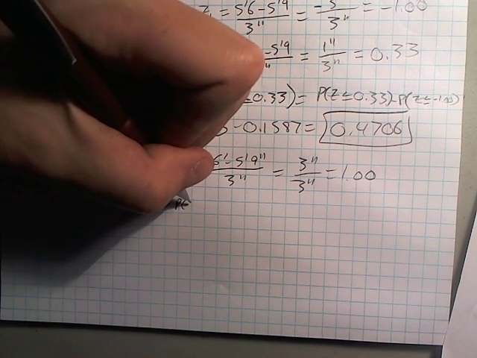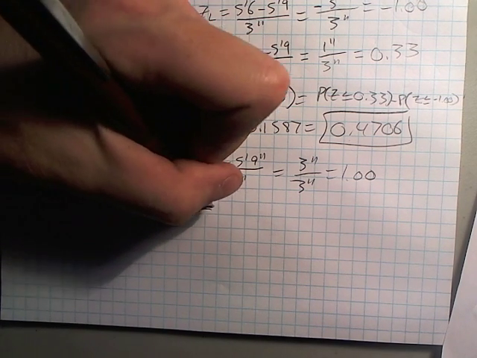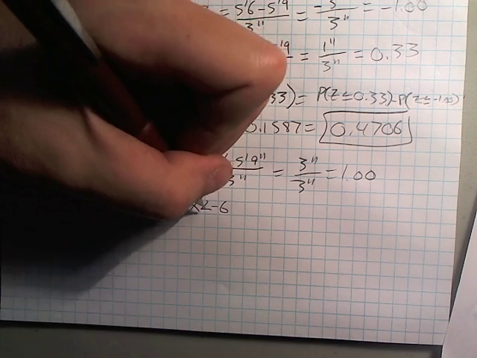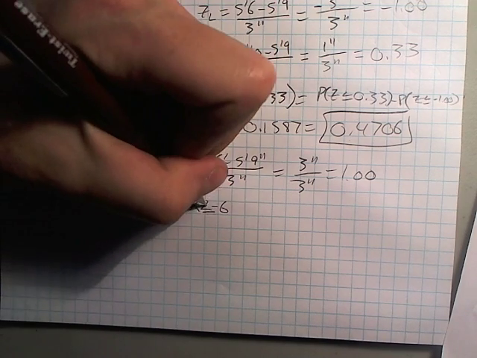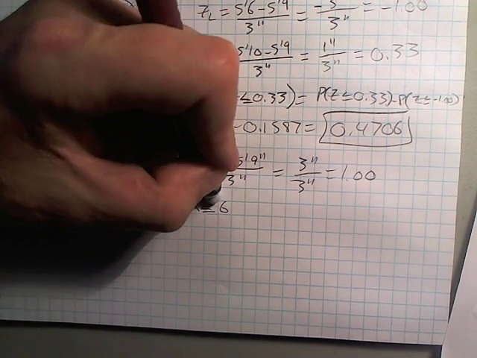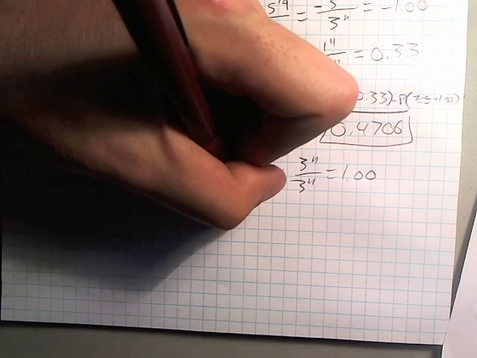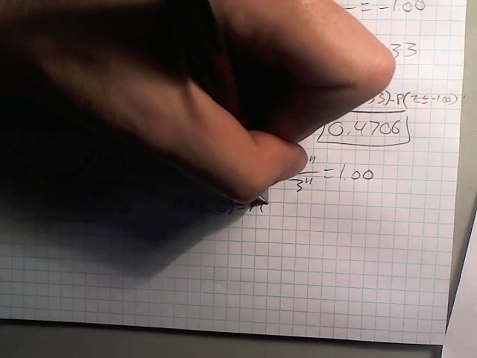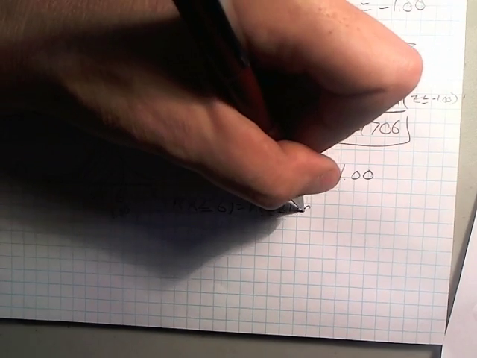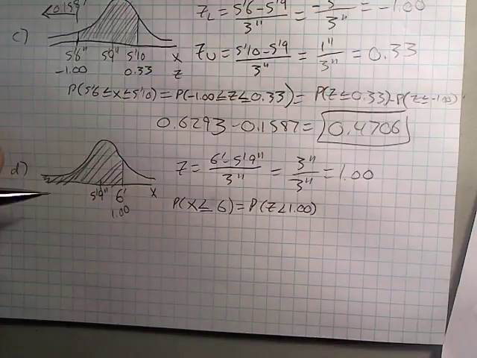So I can now write this out as the probability of x being less than 6 foot is equal to the probability of z being less than positive 1.00.